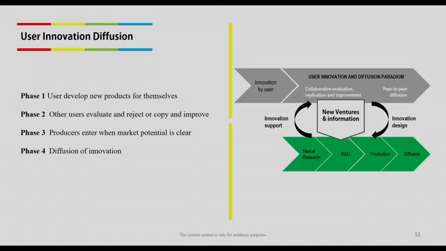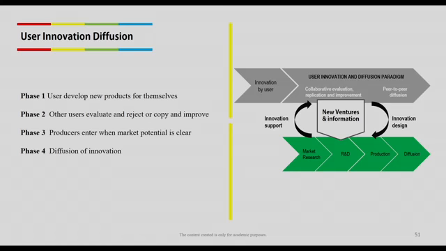Then the manufacturer will make a new venture and the lead user will come on board, and the manufacturer will help them in terms of innovation support, and they will get an innovation design in the market. So, that is the diffusion of user innovation.